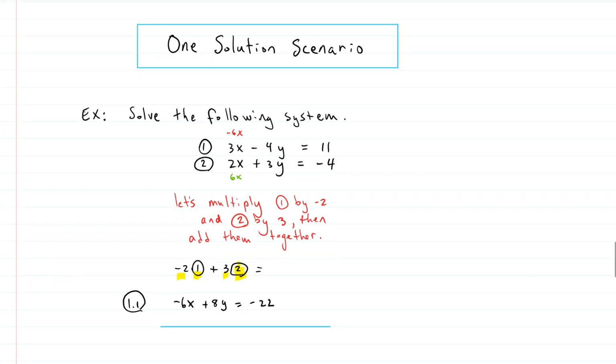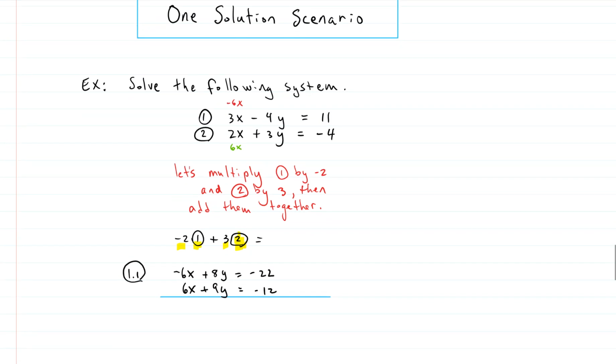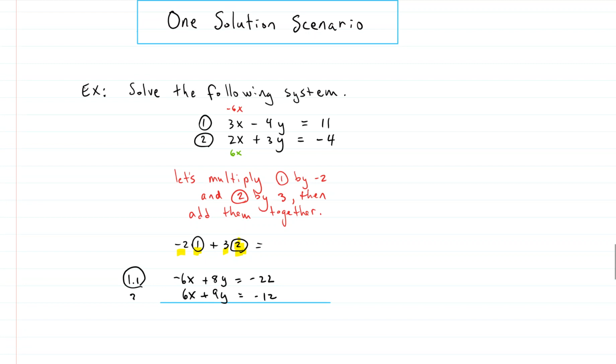We're going to multiply it by 3. So that gives us 6x. This is looking nice, right? And 3 times 3 is 9y. And then 3 times -4 is -12. And that is equation 2.1, because it's not 2, but it's the new version of 2.